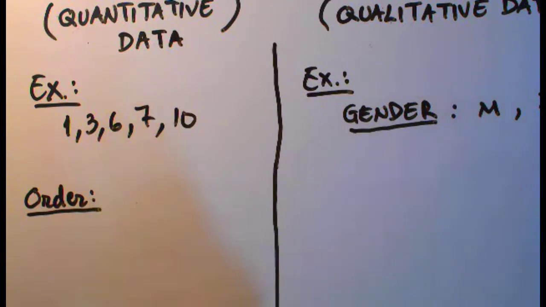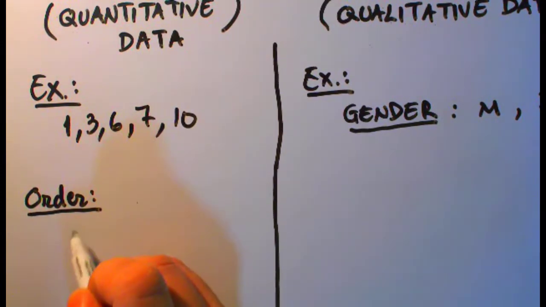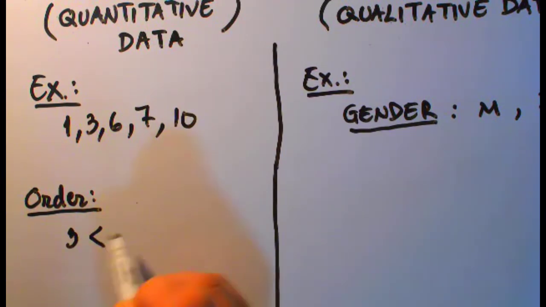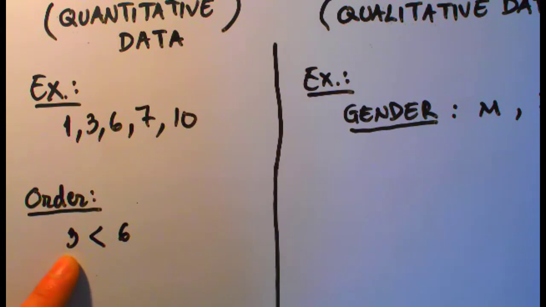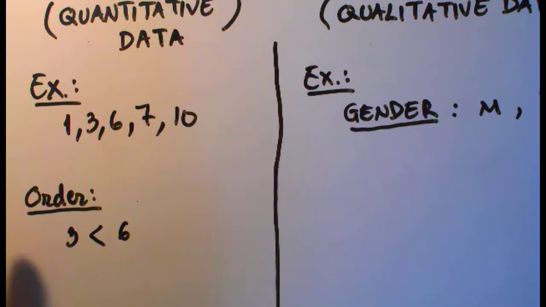For example, this is what I mean: the data value 3 is less than the data value 6. It makes perfect sense. It just shows that some reading, some measurement, is less than the other one. So ordering is entirely possible and makes sense in numerical data.